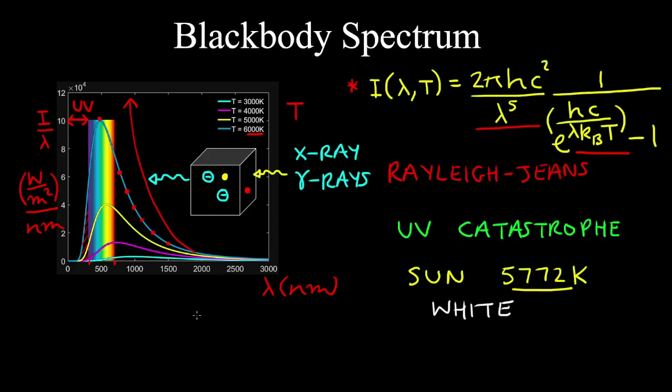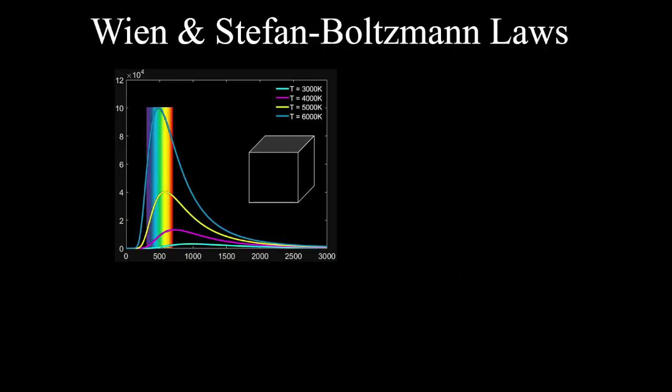Now on the other hand, the human body has a temperature of around 310 Kelvin or 37 degrees Celsius, so most of the light emitted by a human is in the infrared region of the electromagnetic spectrum. And you can see this light using an infrared camera. The peak wavelength that's emitted by a black body, as we can see, decreases with an increasing temperature.